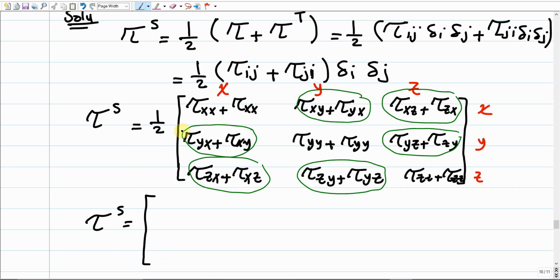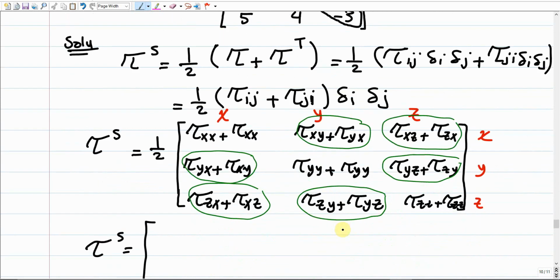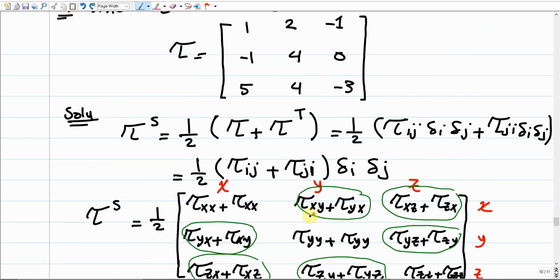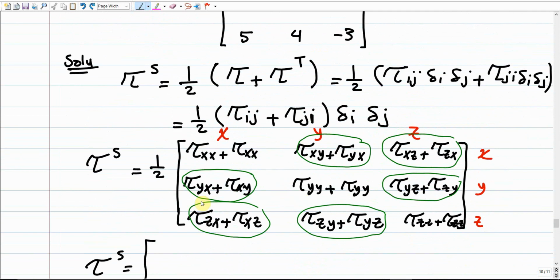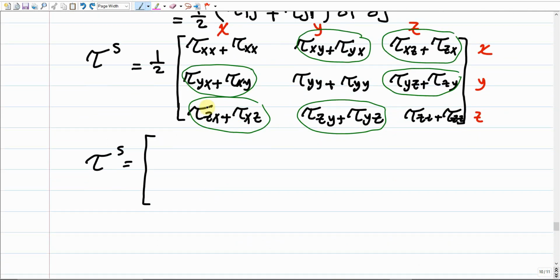So here we're gonna end up with 2xx times half. This is gonna give us only 1 tau xx, right? So we're just gonna copy the diagonal components as they are. We won't do any changes, and we're just gonna put them over the diagonal here. It means that these diagonal components are 1, 4, -3. So we're gonna have over the diagonal components 1, 4, -3.